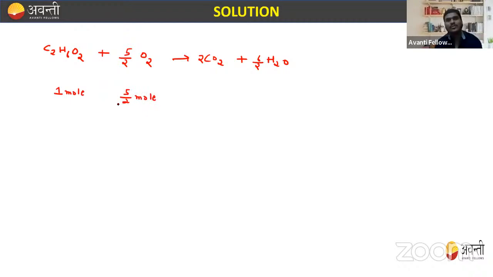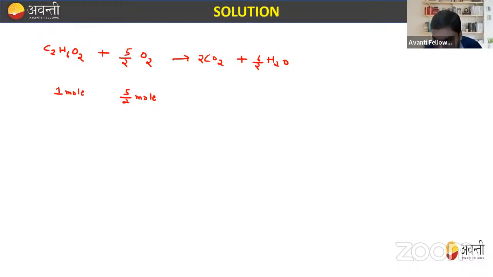Now we know that 1 mole of this compound reacts with 5/2 moles of O2. Now we are using the mole concept, right? So 1 mole of this compound requires 5/2 moles of O2. In this question, what they ask is the moles of oxygen gas required for the complete combustion, right? So how will you calculate?